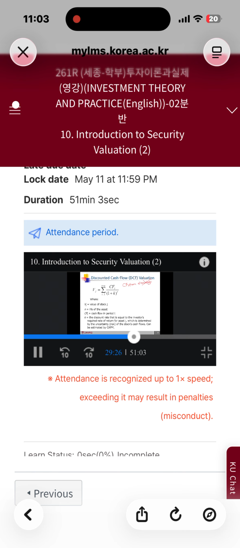Okay, we don't use earnings because earnings is an accounting concept. This concept considers non-cash revenues or expenses, so we only consider the cash on a cash basis.